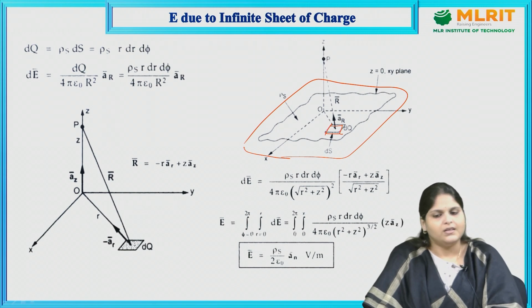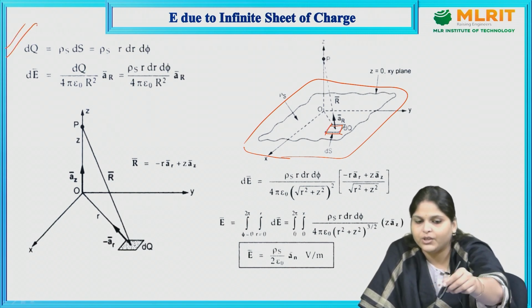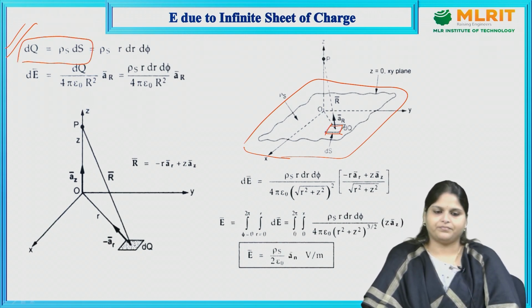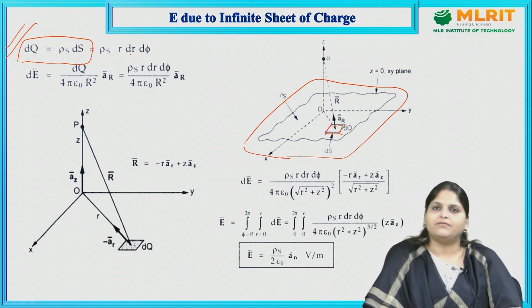Similarly, we can find dq, which equals rho s ds, or rho s r dr d phi.